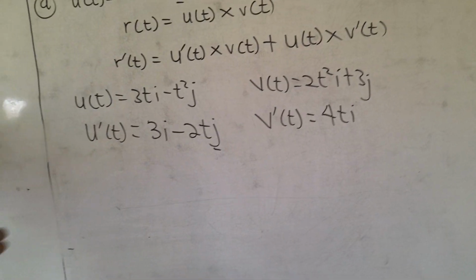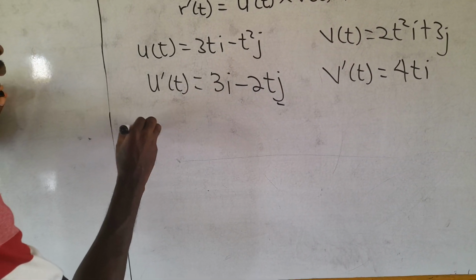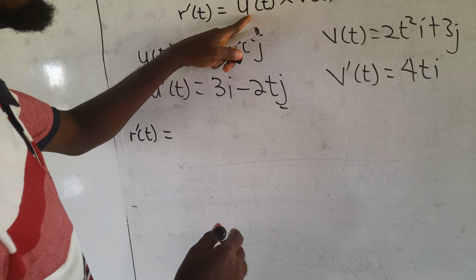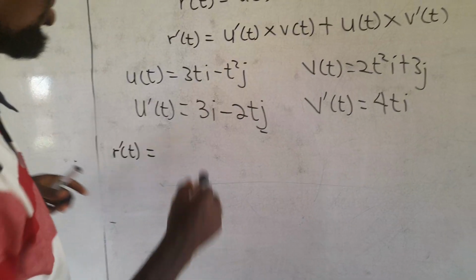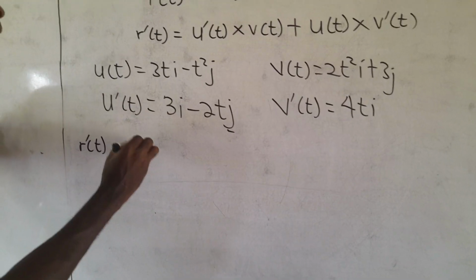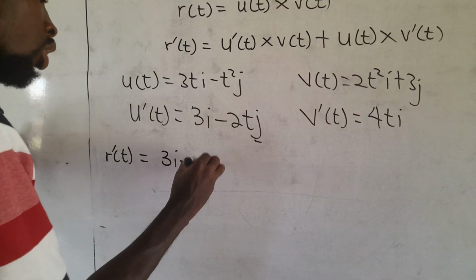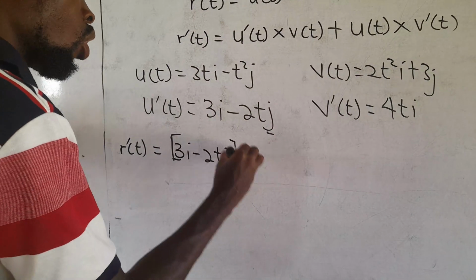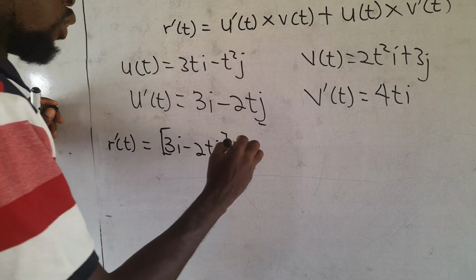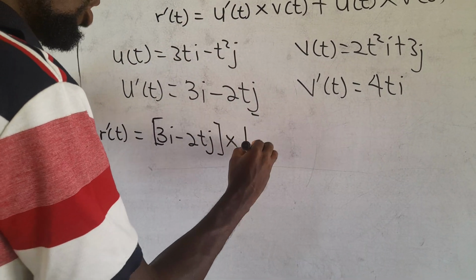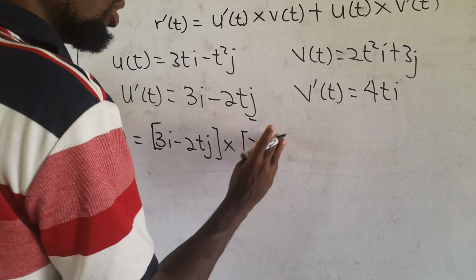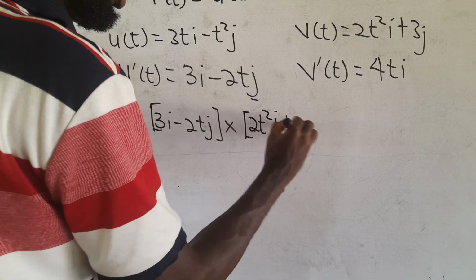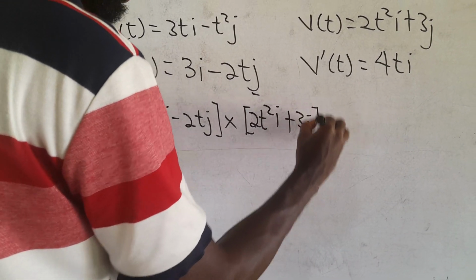Now we substitute. We can now say our r prime of t is equal to, remember, u prime of t cross v of t. And what's our u prime of t? That's 3i minus 2t in the j direction, then cross v of t, and v of t is 2t squared in the i direction plus 3 in the j direction.